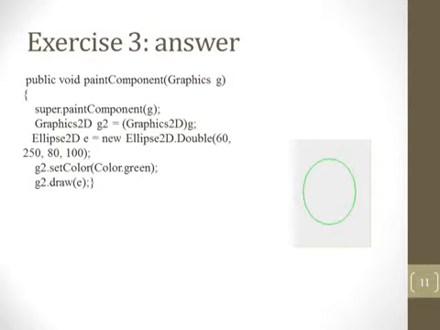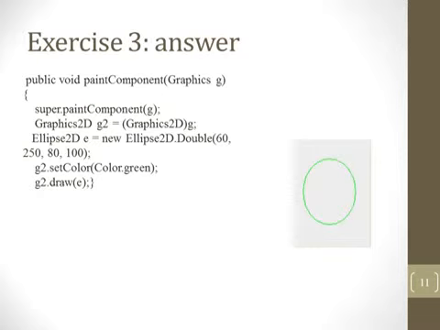The ellipse is of width 80 and height 100, and the upper corner of the ellipse is 60, 250. Since the ellipse should be centered at 100, 300, we subtract half of the width and half of the height, which takes us to the coordinate of the upper corner of the rectangle, and the width of the rectangle containing the ellipse is 80, and the height is 100.